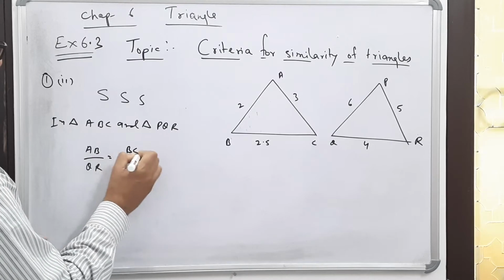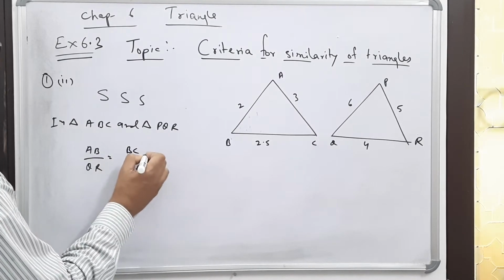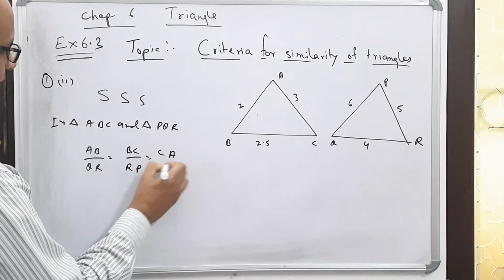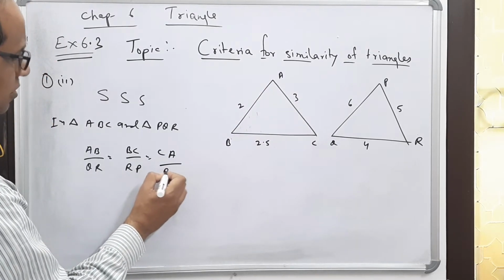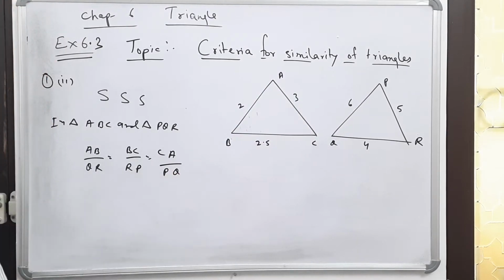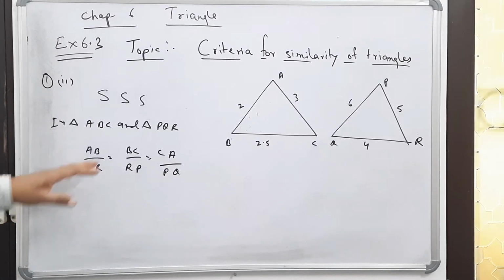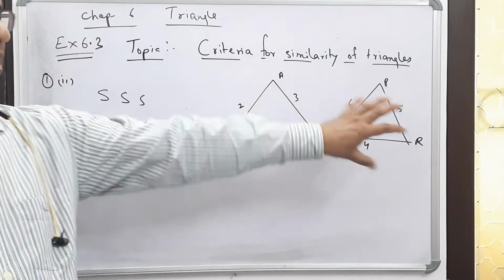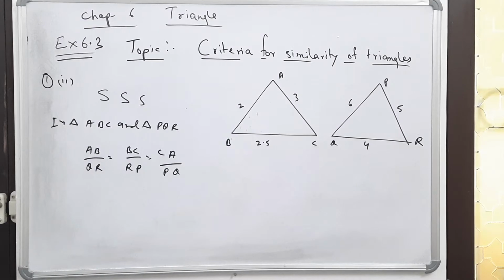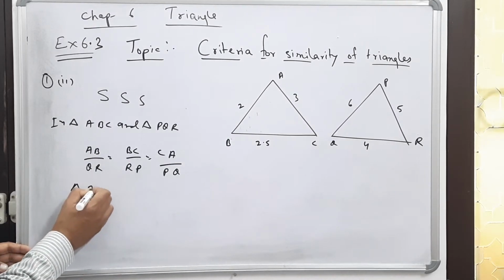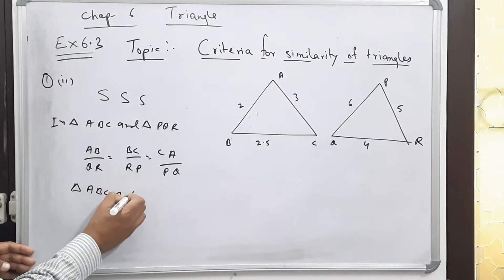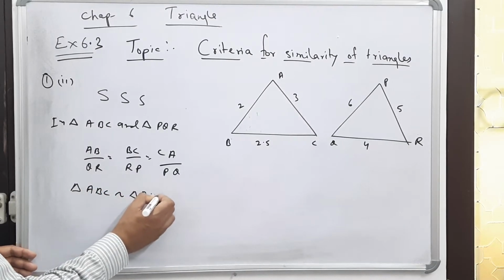Then BC is proportional to RP. Then CA is proportional to PQ. So we can say that all the three sides of this triangle are proportional to the corresponding sides of this triangle. So by the side criteria, ABC is similar to QRP.